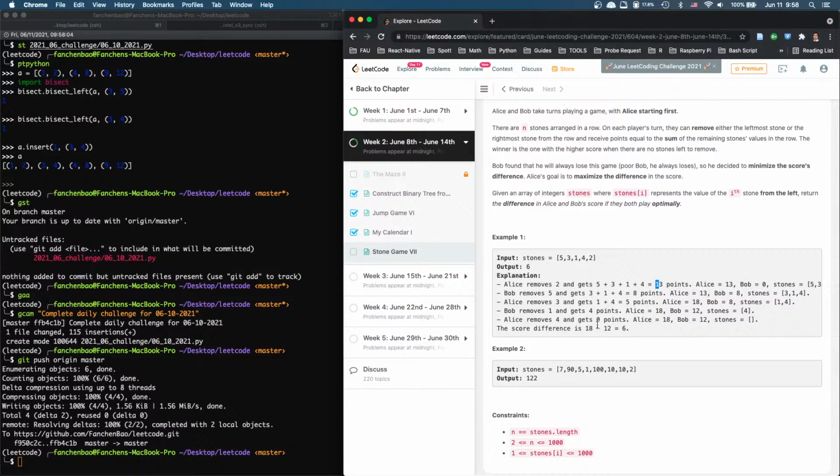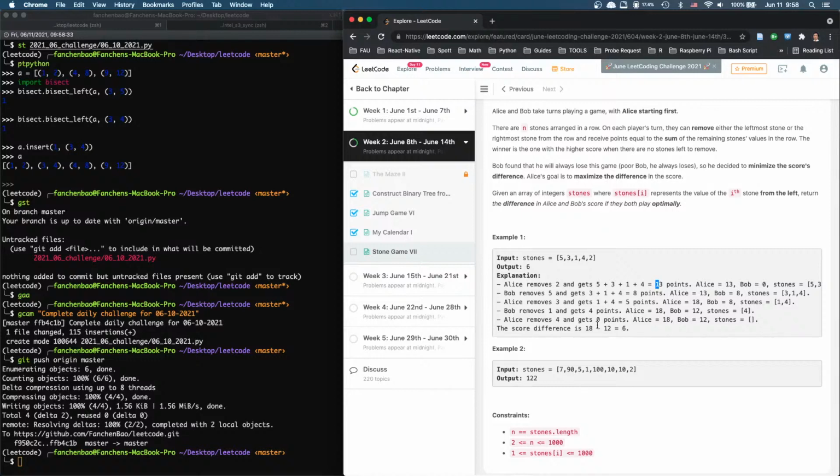I think about it this way. Bob is always going to lose. That's for sure. So even if he tries to get the large points every single time, that's still not enough.